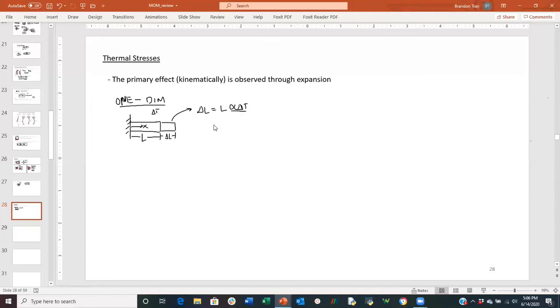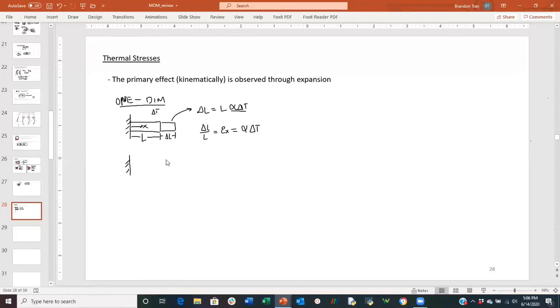So if you divide the length on both sides, delta L divided by L, we'll get the strain in the x longitudinal direction, which would equal alpha delta T. Okay, so basically we've established a relationship that the strain is directly impacted by the thermal coefficient of expansion and change in temperature.